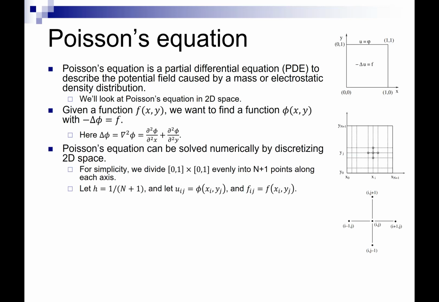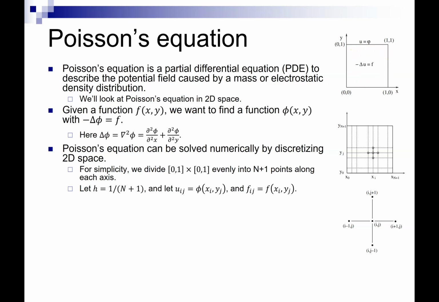Let's say you have this part of the 2D space over here, and let's focus on some region, say from 0,0 up to 1,1. So we're just focusing on the square region over here. Suppose you actually know a bunch of values: you have this function f defined in this range.